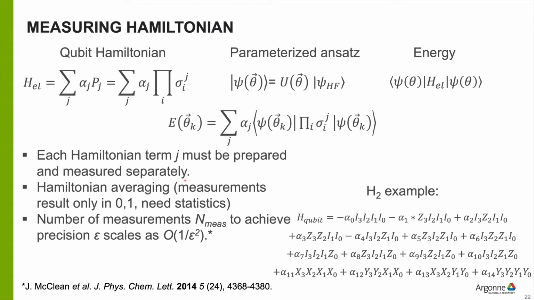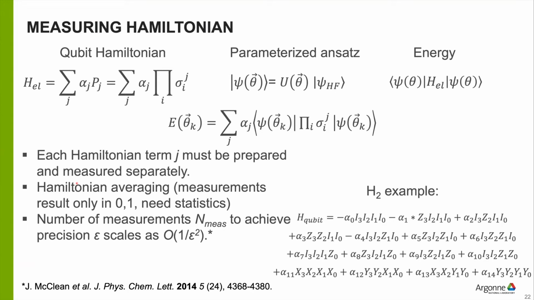It's basically the probabilistic nature of quantum systems, where when you measure a state, it collapses to one of the possible configurations, and you need statistics to get the real energy of the system, and this procedure is called Hamiltonian averaging.